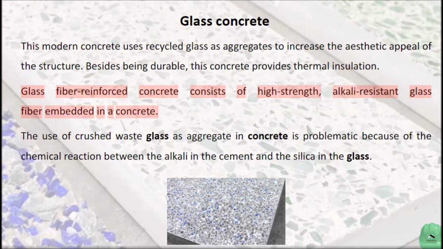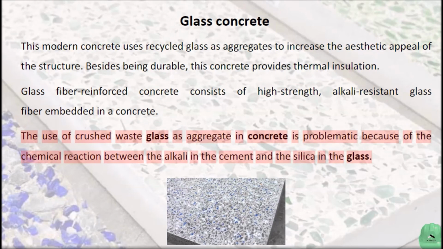Glass fiber reinforced concrete consists of high-strength alkali-resistant glass fiber embedded in a concrete. The use of crushed waste glass as aggregate in concrete is problematic because of the chemical reaction between the alkali in the cement and the silica in the glass.